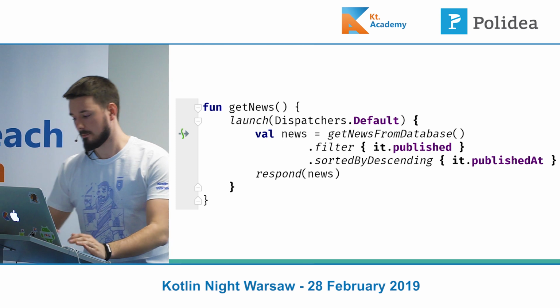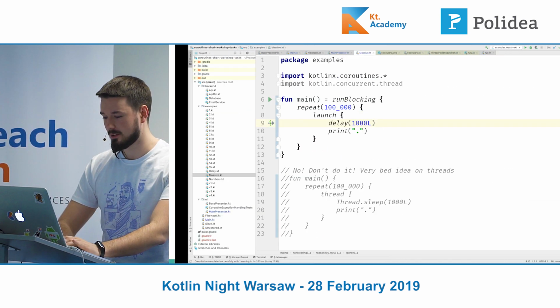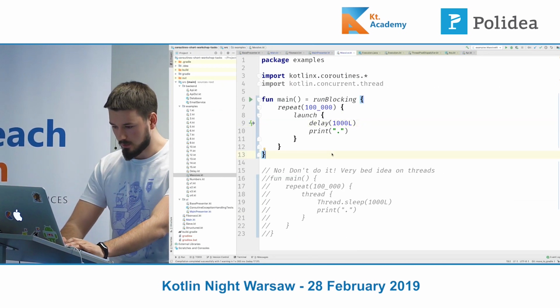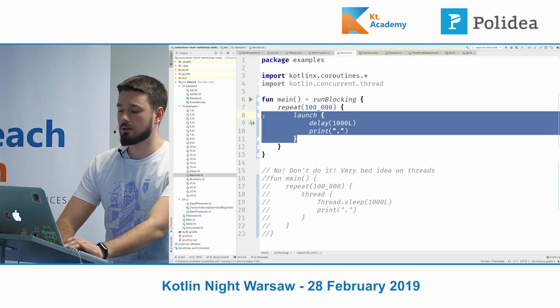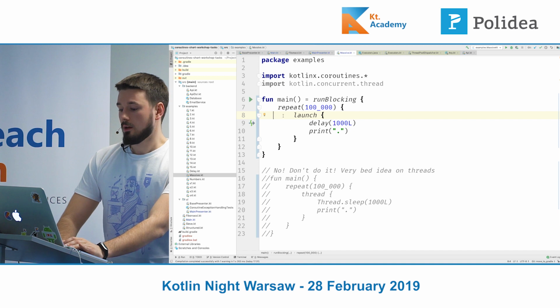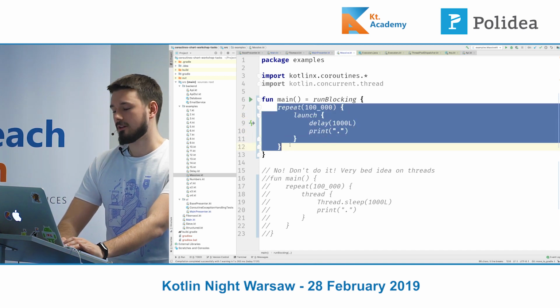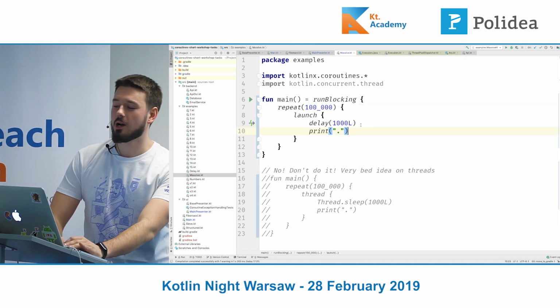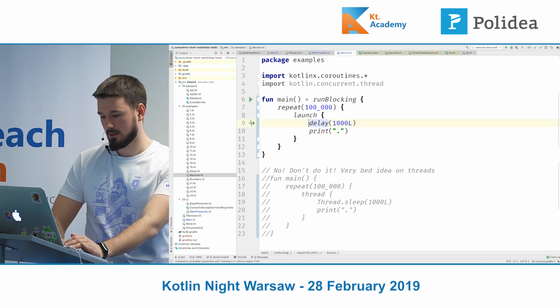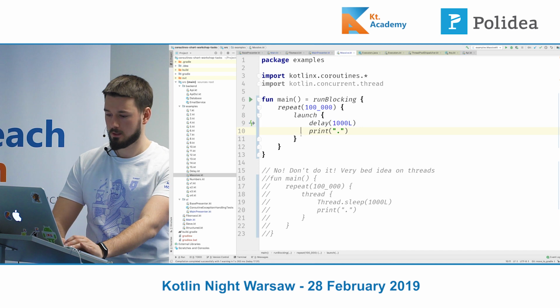And to visualize it, I wanted to show a very simple simulation. So imagine that here we have a coroutine, and we have thousands of calls at the same time, and we await for 1 second. And we do that in the coroutine.